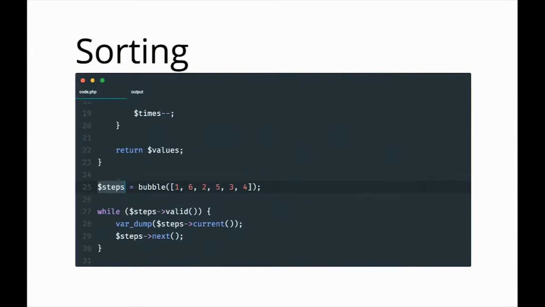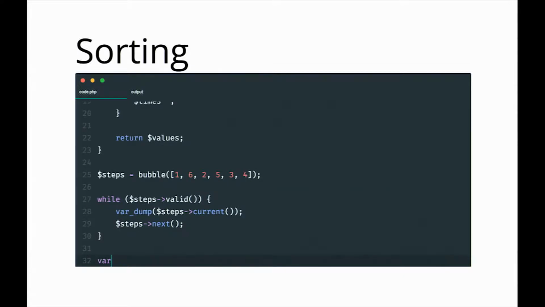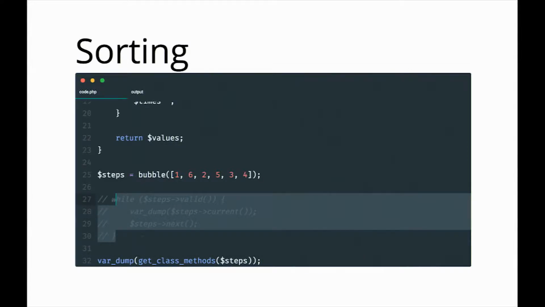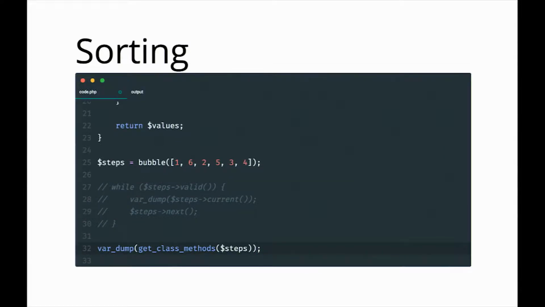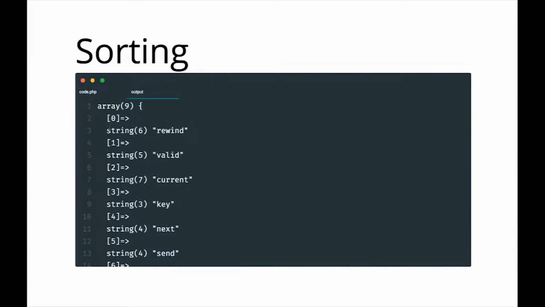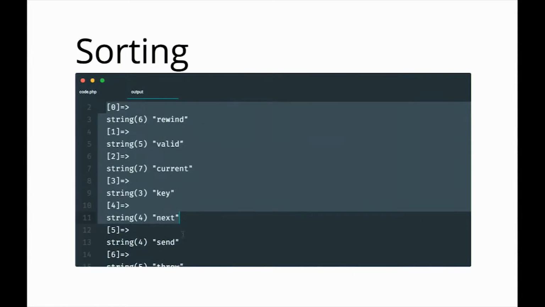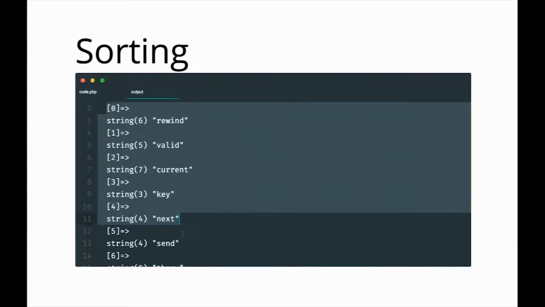This isn't as important as what we can learn from what makes up a generator. Var dump get class methods of that instance. I'll stop this printing out for the moment because I want to show you something interesting. Have a look at these 5 keys here. It's exactly the same ones that we've come to expect from iterator.